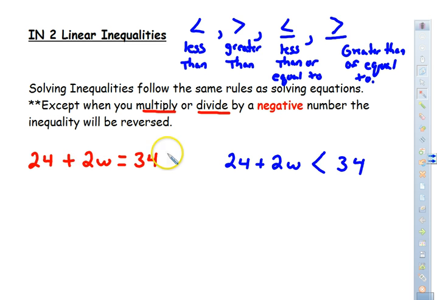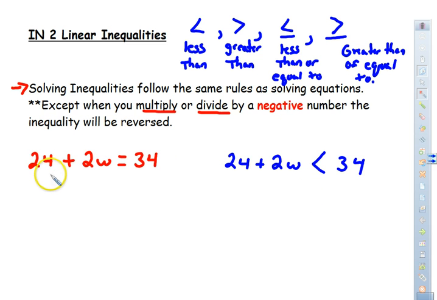So the first part I want to show you is that it is virtually the same thing as solving an equation. The only thing that's different is instead of equal signs, it's going to be an inequality. Less than, greater than, less than or equal to, or greater than or equal to.